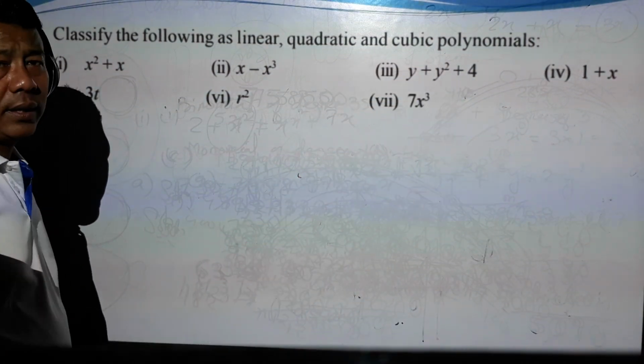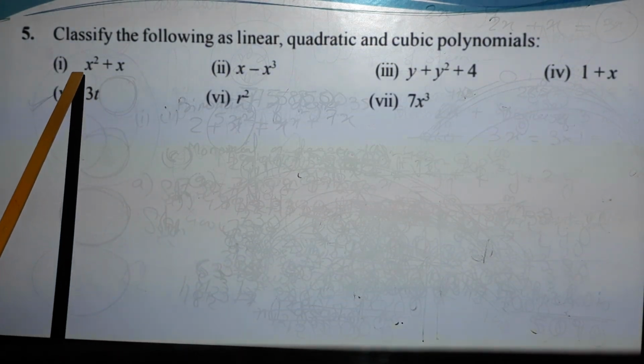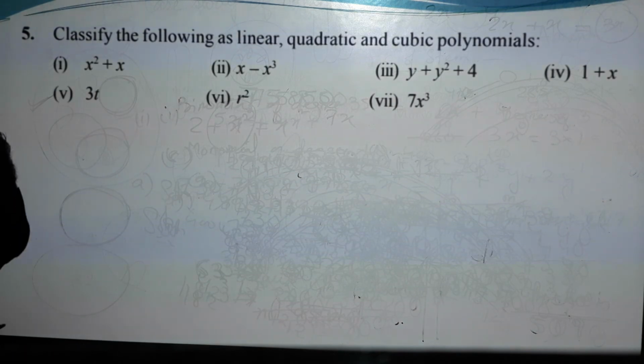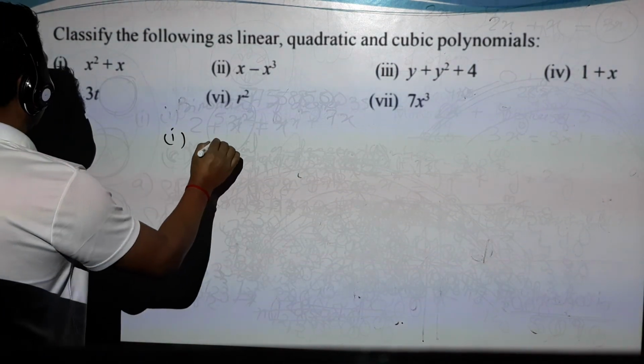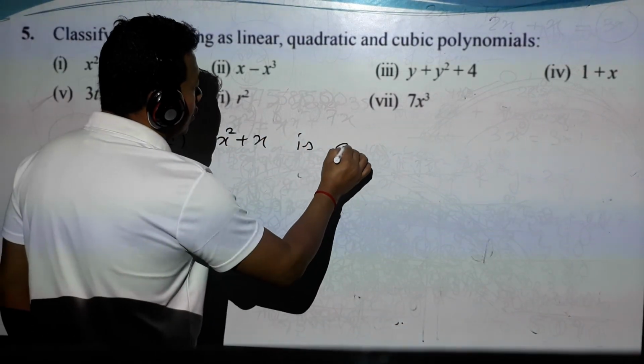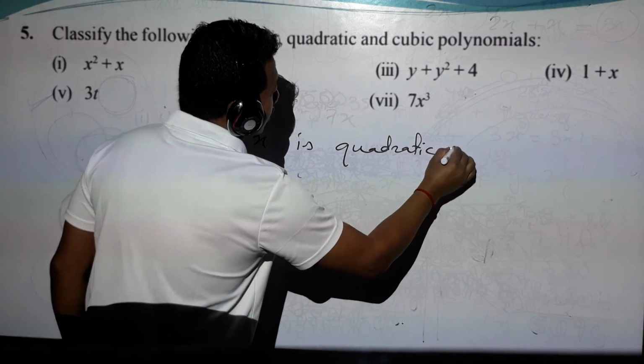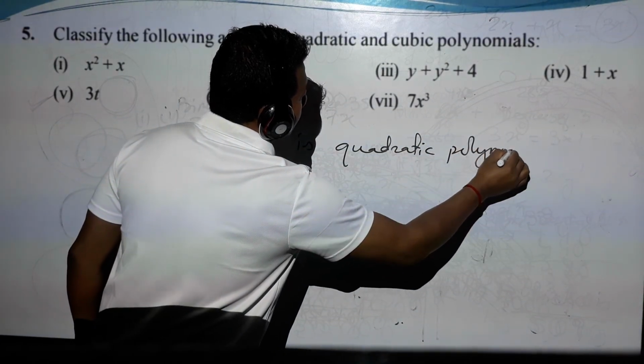A cubic is a polynomial having degree 3. Here, the highest power is 2, the degree is 2, therefore it is quadratic. The first one, x squared plus x, is a quadratic polynomial.